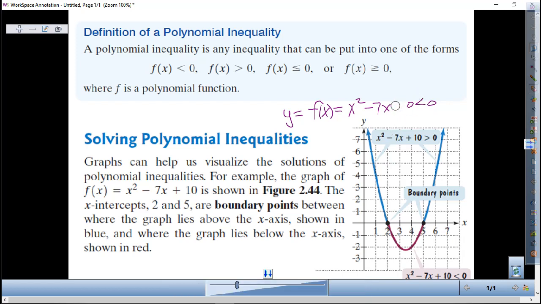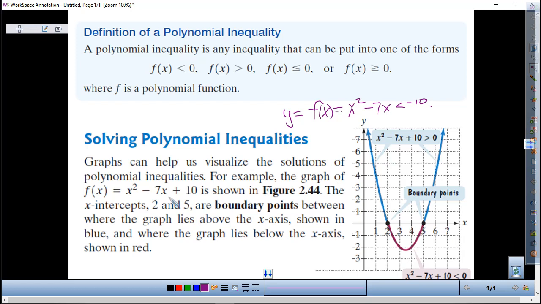But in the same way, understand that if we talk about this being less than negative 10, it's still the exact same graph. To actually get where it's going to be above and where it's going to be below, we have to solve for 0, because that's the point that we're dealing with.